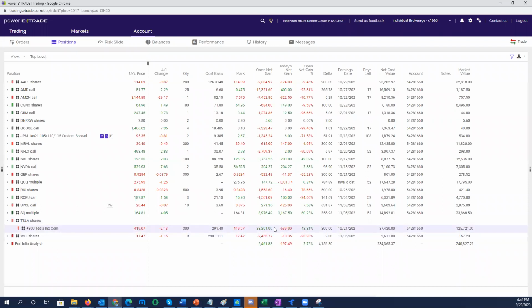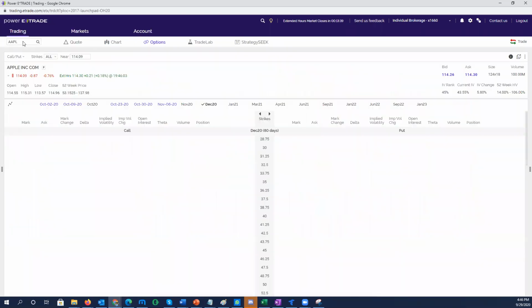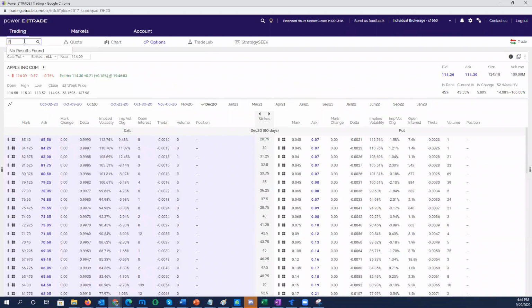How is he wasting money? Because he can do the covered call. So I'm talking about the covered call. How do you do it? If you hold 300, 200, 500 shares, like that, what you can do is, with 300 shares, go to trading options and go to Tesla.